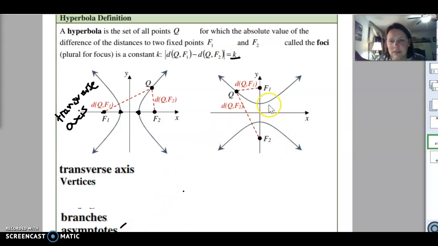The asymptotes are the lines that go through the center and get closer and closer and closer to your hyperbola branch points. So we use these asymptotes to get a really good idea of what our hyperbola branches each look like.